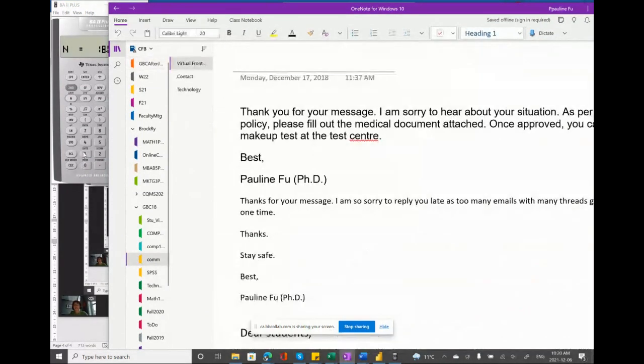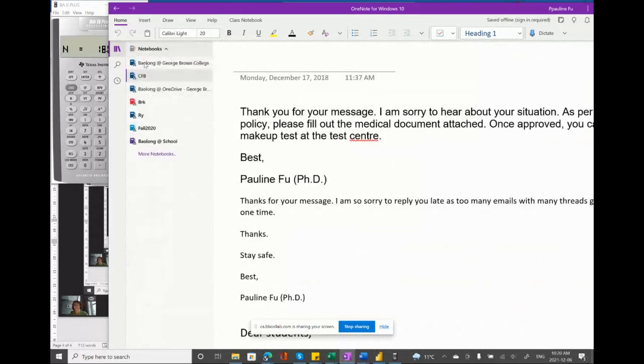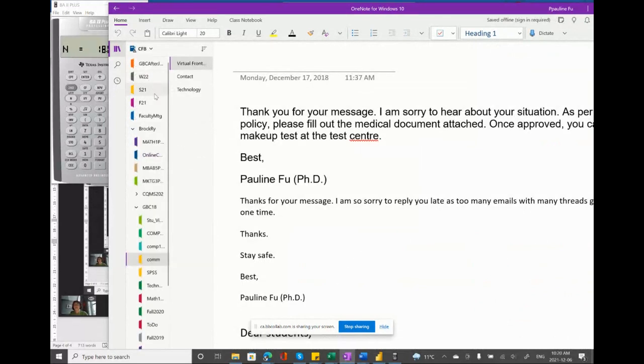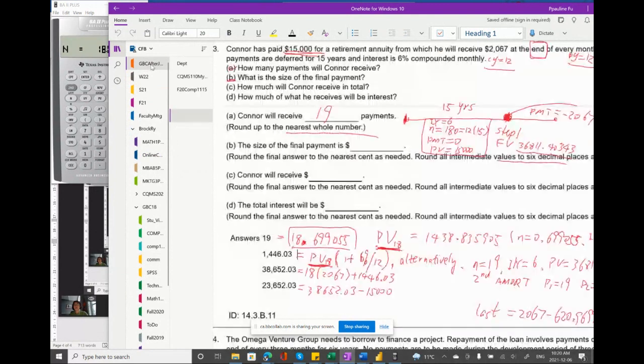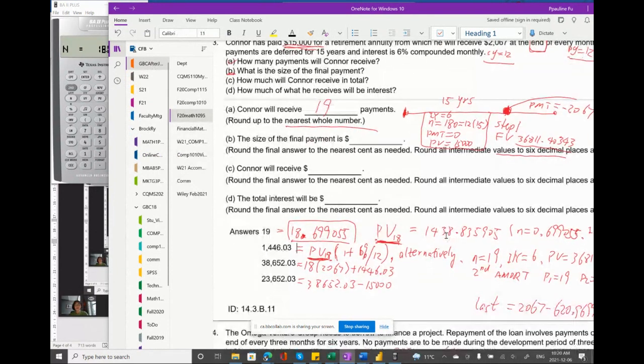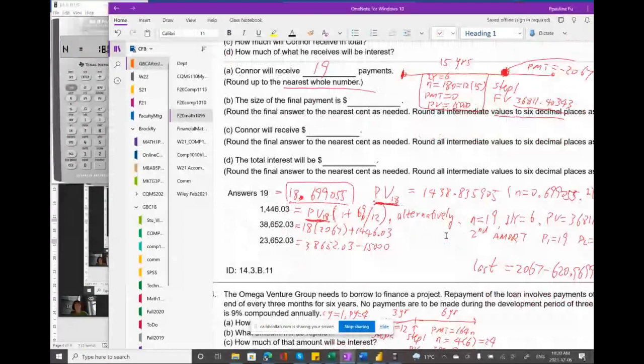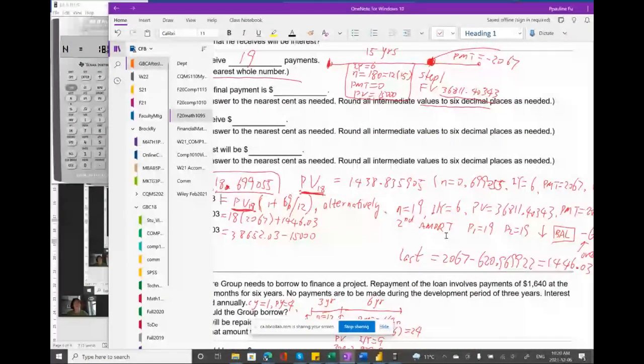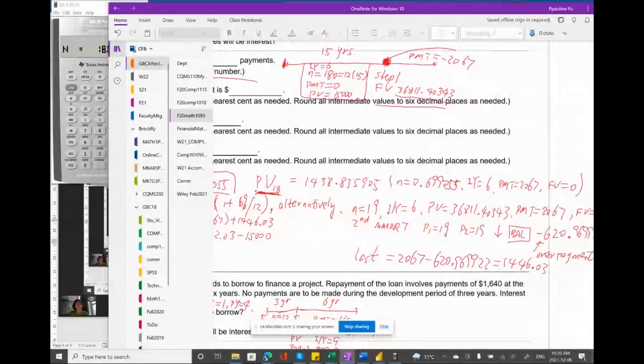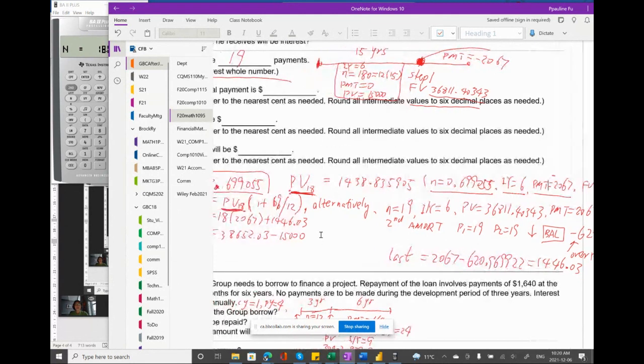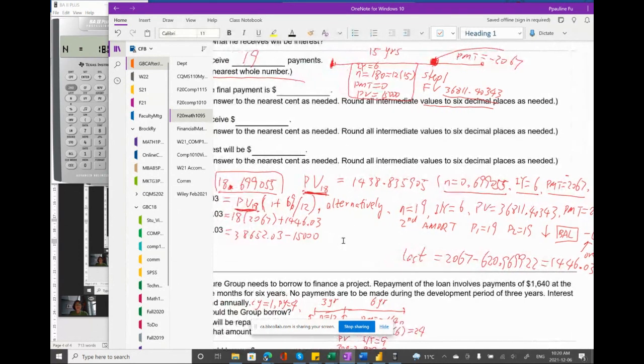Oops, I did it wrong. So just enter those 4 numbers. Term N is fraction point, I/Y is 6, PMT negative 2067, FV is 0. Okay, you get the present value.